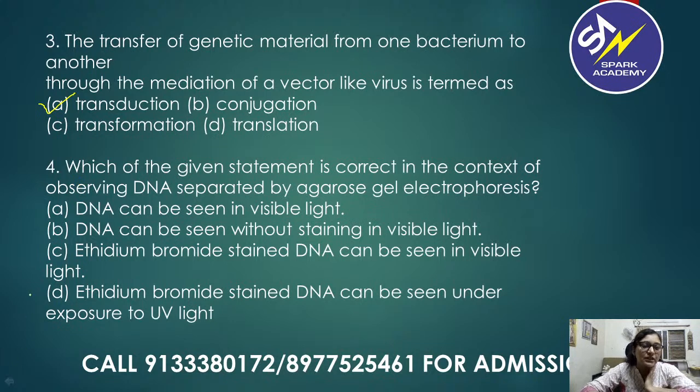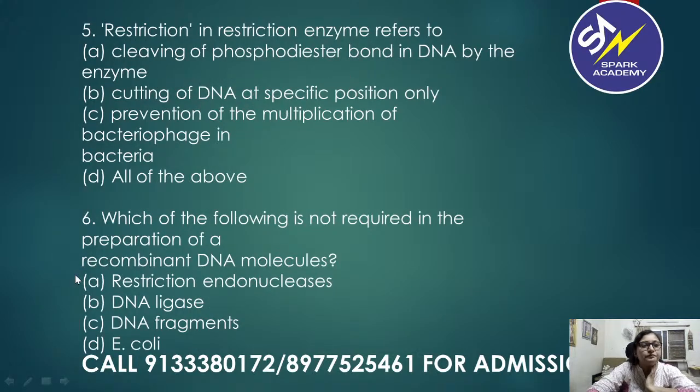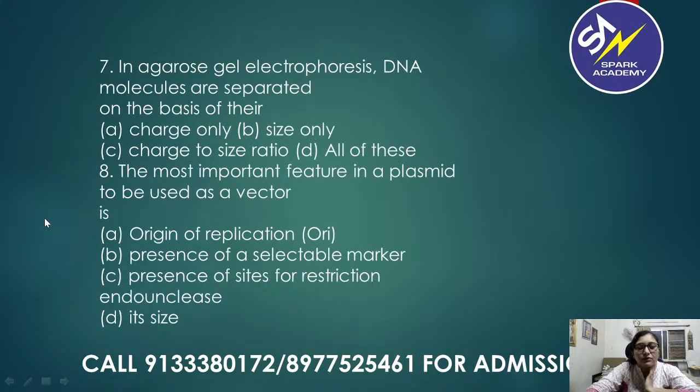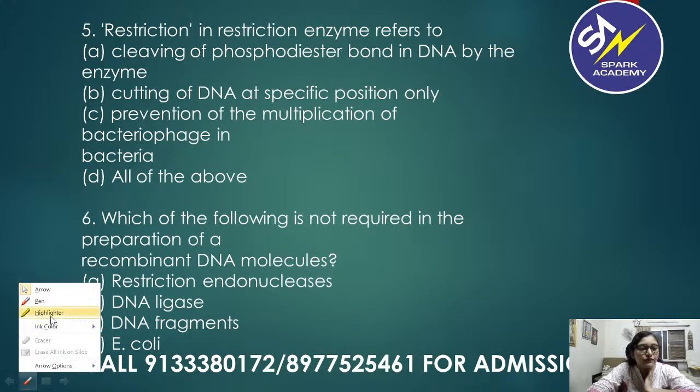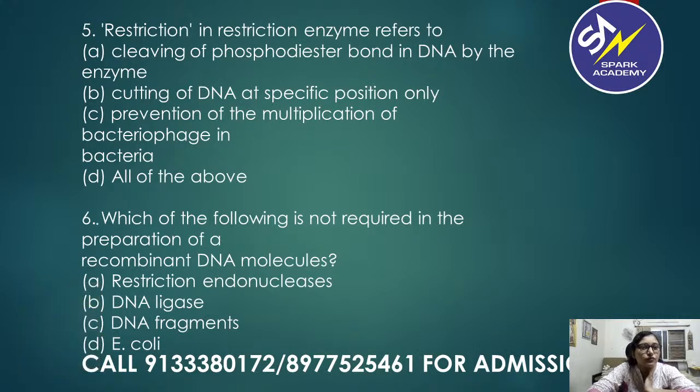No. Ethidium bromide stained DNA can be seen under UV light only. So the correct answer is the fourth, D. Next: restriction in restriction enzyme refers to what? This refers to the cutting of DNA at specific positions only.